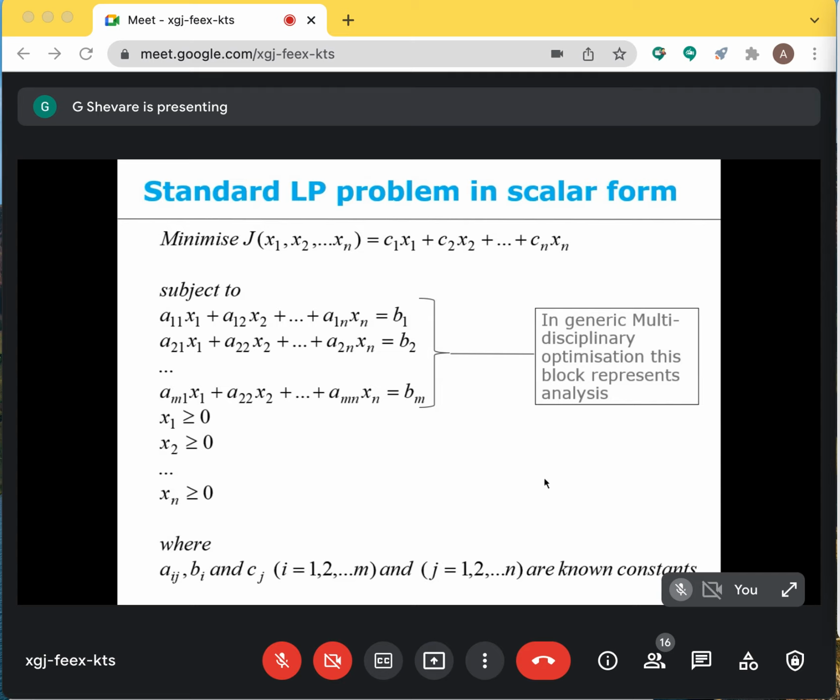It has roots where J was required to be minimized, and that legacy continues, and in linear programming we minimize the cost function or minimize J, and J is a standard notation used in multidisciplinary optimization or optimization algorithms.